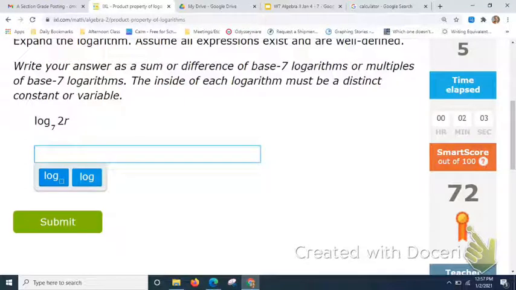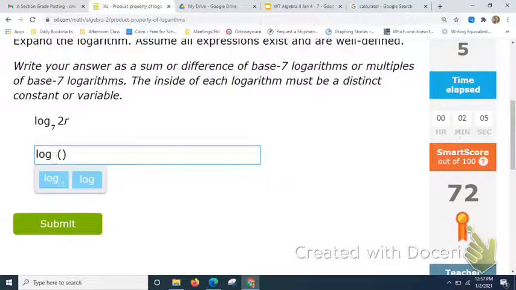So expand, so log 7 the 2 gets its own log, plus, and they both are going to have the same base. You can't mix it up and use one common log and one base 7.